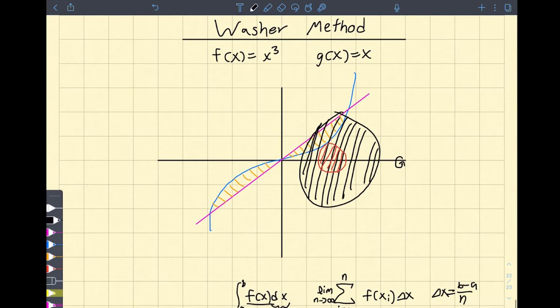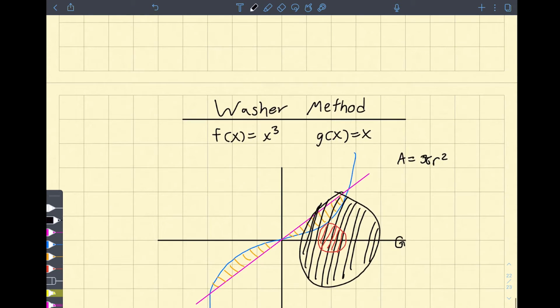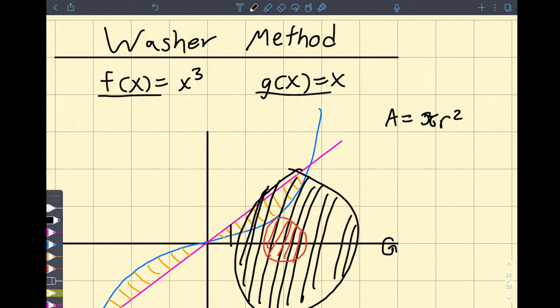So now let's look at what the formula will look like. The area of a circle is equal to pi r squared, and as shown down here, the r is the y value, or f of x or g of x, because they tell us the radius of the circle, as they are the heights that are going to be rotated across the x-axis.